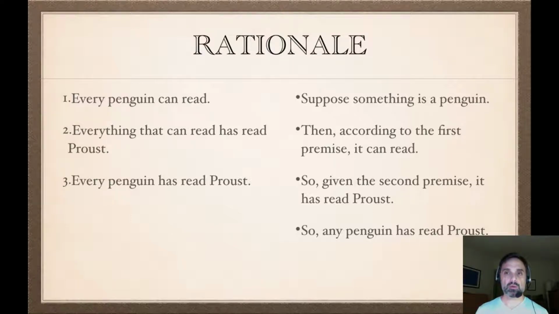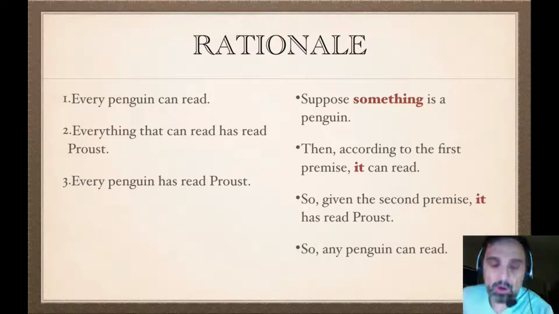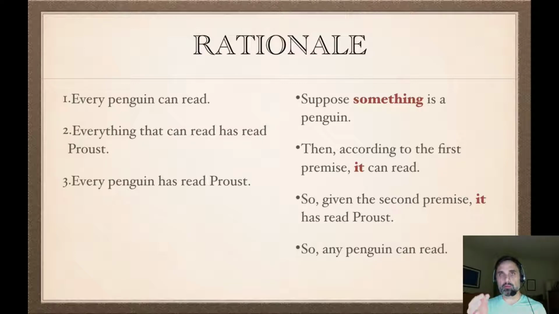Okay, so let's look at this argument. We have this "something" and the "it" and the "it." Effectively that "something" is operating a little bit funnily. It's actually operating like a free variable, and the two "its" are also operating like free variables.